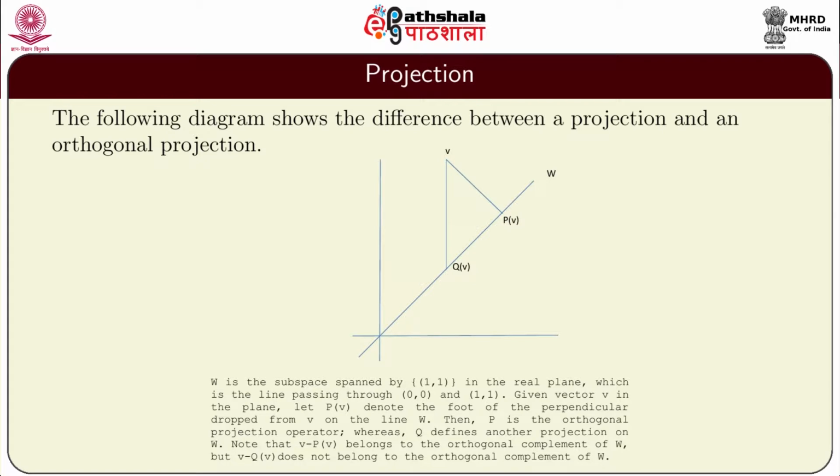So, in the picture, W is the subspace spanned by the vector (1,1) in R2, which is the line passing through (0,0) and (1,1), and given v in R2, the point Pv denotes the foot of the perpendicular dropped from v on the line W, and therefore P is the orthogonal projection, whereas the point Qv that you see on W is coming from another projection Q. Now, they are indeed different, which can be seen from the fact that v minus Pv is actually in W perp, but v minus Qv is not in W perp.